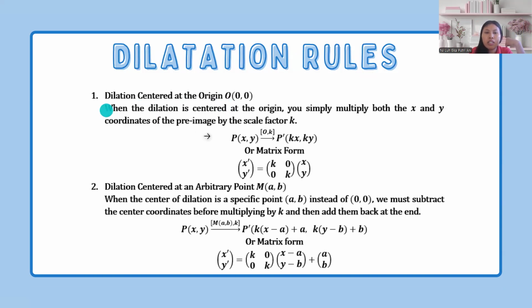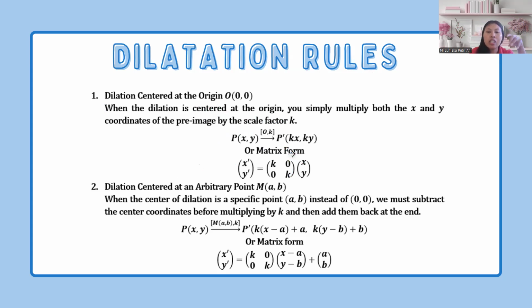Point P with coordinates (x, y) dilated with center O and factor k gives P' with coordinates (kx, ky), or in matrix form, this.